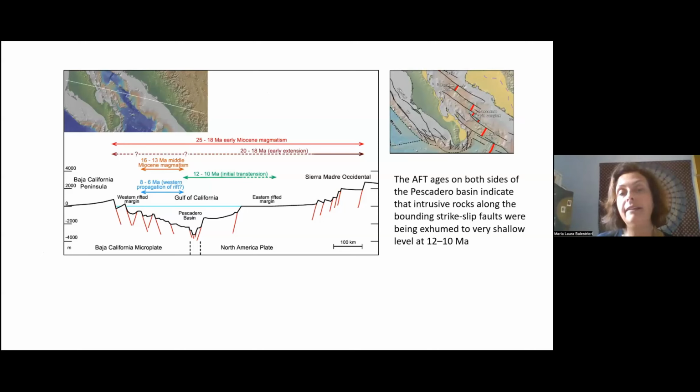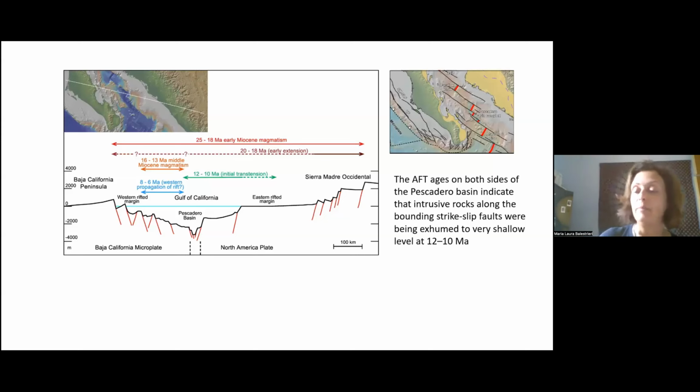So we can interpret these ages as this pull-apart oceanic basin having evolved from a transtensional basin starting really at the end of the subduction, around 12, 10 million years.